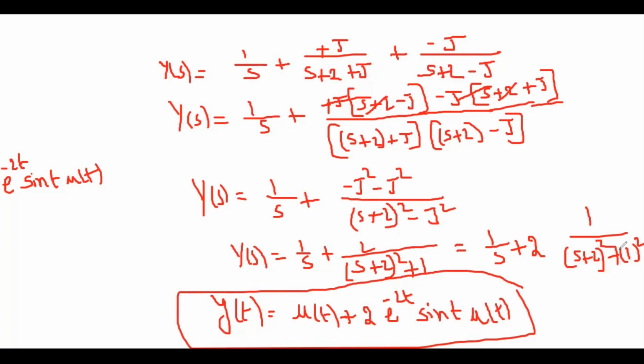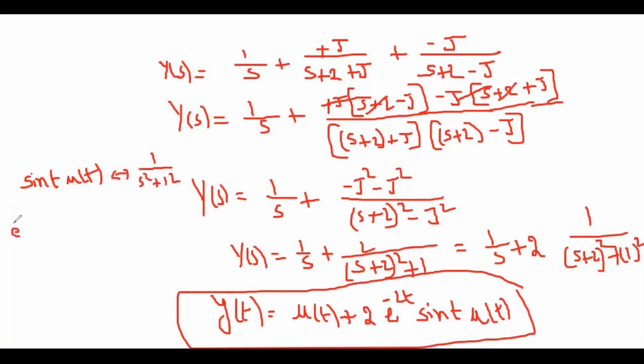Whenever it is s square plus 1 square and 1 is there, that is sine omega t only, not the sine t mu of t. What is the sine t mu of t? The Laplace transformation is 1 by s square plus 1 square.